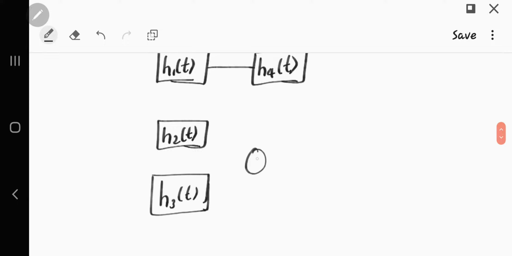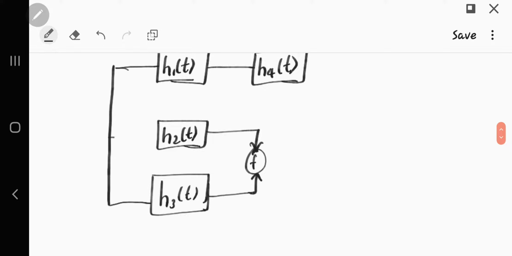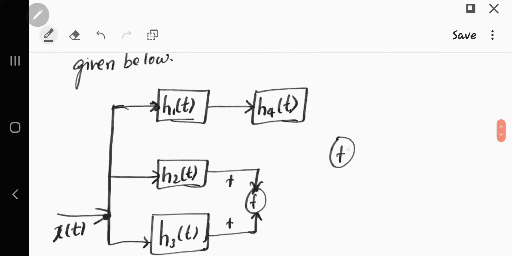We have to reduce this to get the expression for h of t, and what h1 of t and h2 of t are is not given here. The sign is plus here, and these two again we have to add.